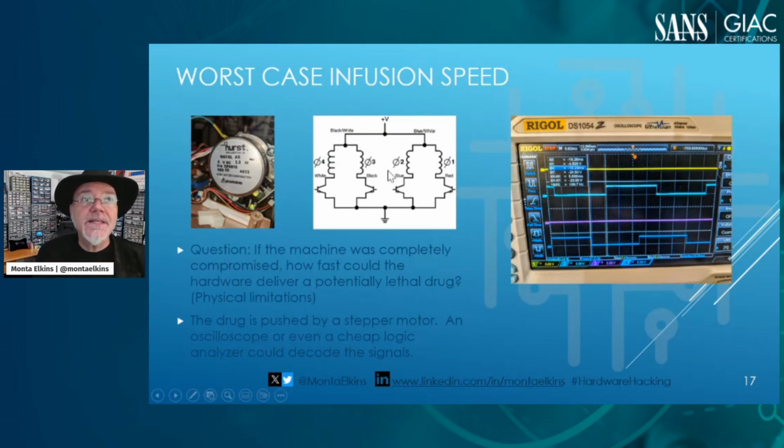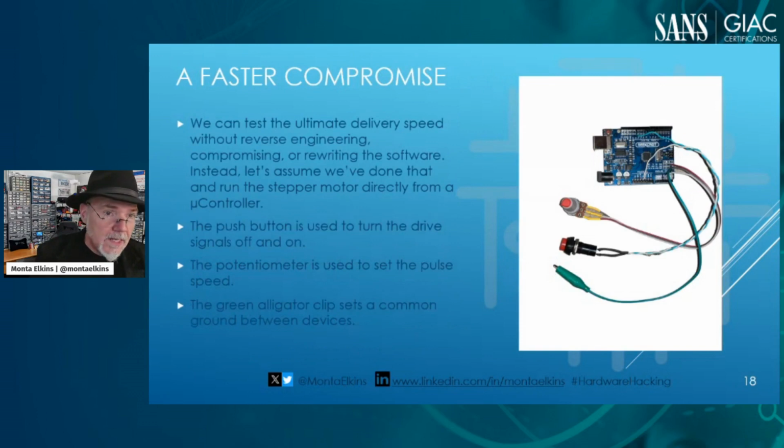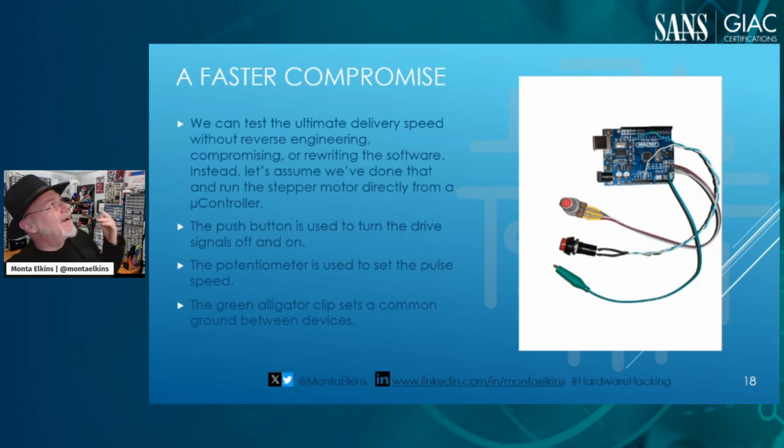And then I found the diagram of that stepper motor circuit, and I looked at it on the oscilloscope to see how it actually moved the drug. Now, I could have worked on compromising the software and reverse engineering it, but frankly, that sounds like a lot of work, and hackers, right?